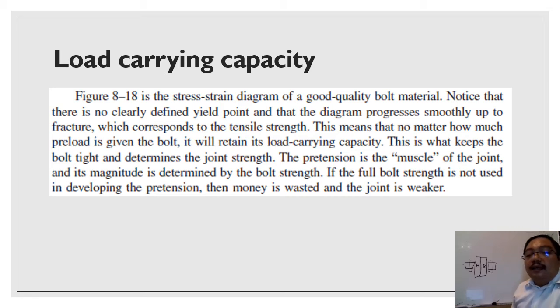You just retain the load carrying capacity. Furthermore, you must give the maximum preload to tighten it up as much as you can, because if the bolt does not reach its maximum capacity, it is of no use and the joint becomes weaker.